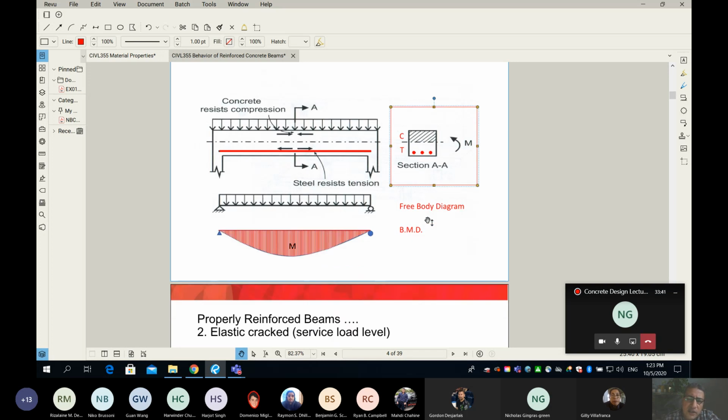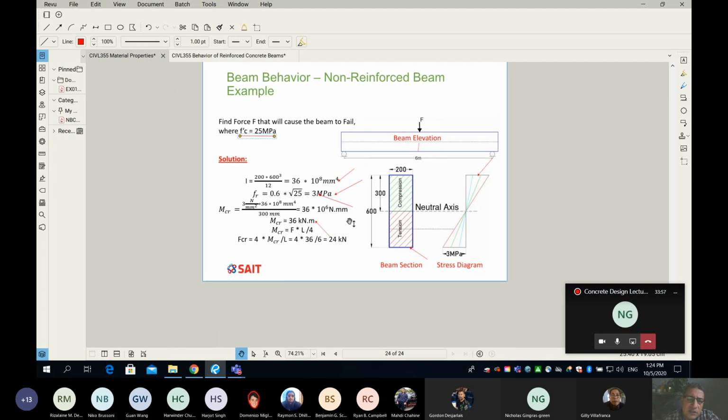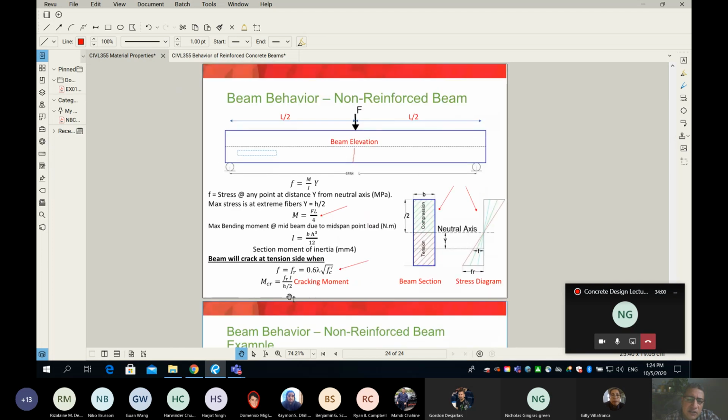Now, what I'm trying to say here is when we add some loads, and these loads cause some bending moment, and the bending moment exceeds the M sub cr. Let me remind you, what is M sub cr? It is in the previous slide. The M sub cr is the cracking moment. It's the moment at which the stress in the bottom fibers of your beam arrives at f sub r, which is the modulus of rupture.